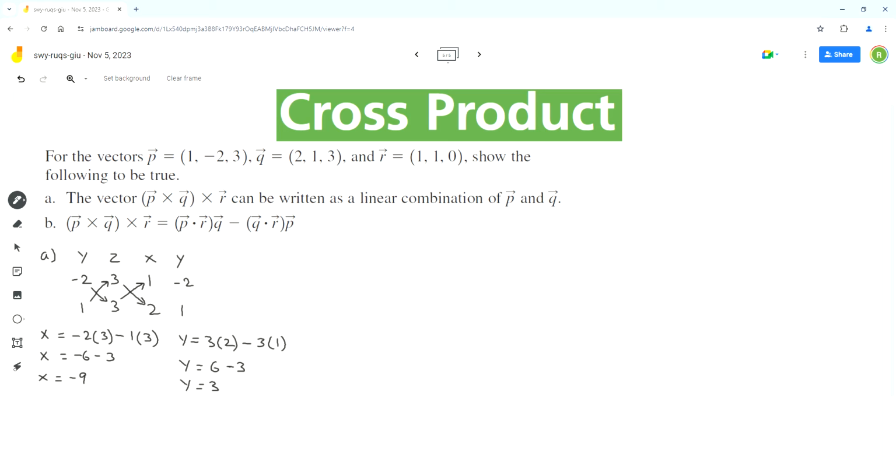Now we can find the z component. So we should cross multiply the x and y components. We do 1 times 1 minus 2 times -2. So I get z equals 5.